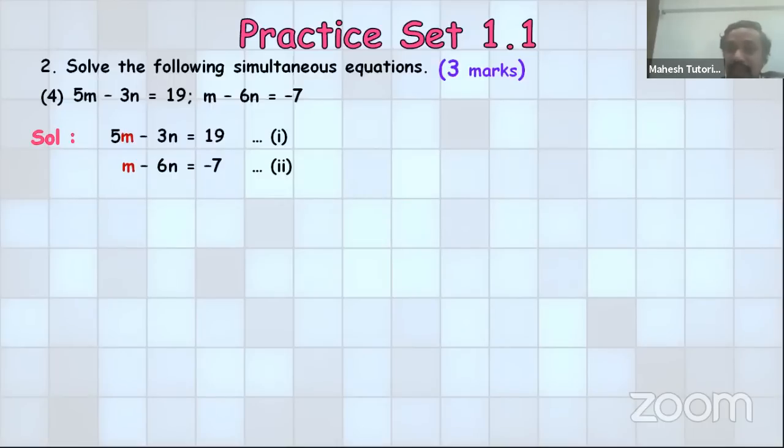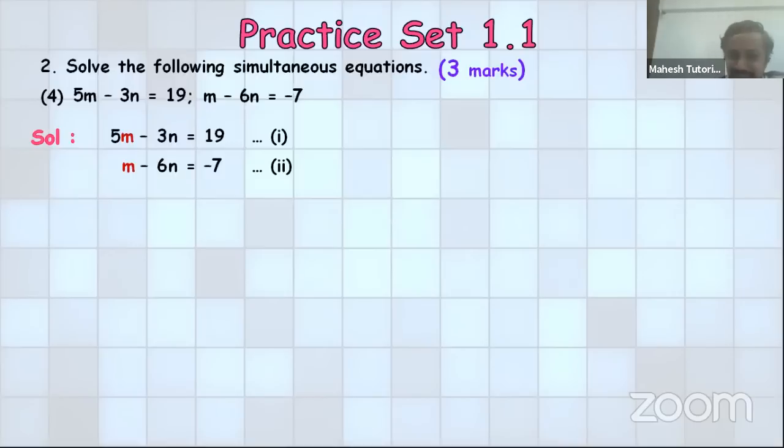So here we cannot directly proceed with addition or subtraction. Here I will have to make the coefficients of M equal. So how do we make the coefficients of M equal? In one place the coefficient of M is 5 and in the other place the coefficient of M is 1. Can I say 1 times 5 will give me the answer as 5? Yes, 1 times 5 will give me the answer as 5.